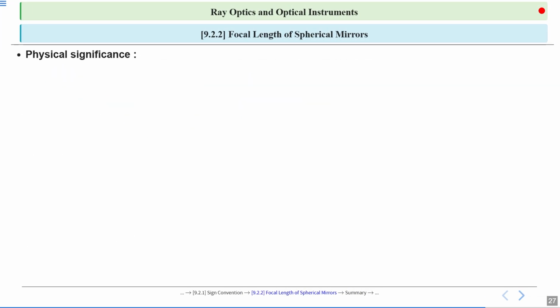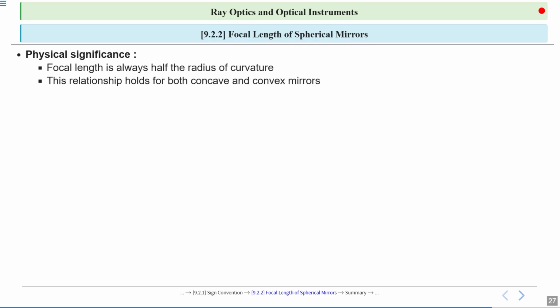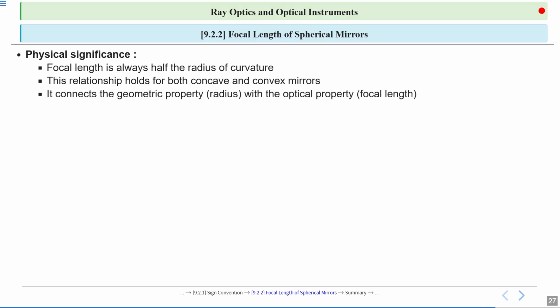So what is the physical significance of this relation? Focal length is always half of the radius of curvature. This relationship holds for both concave and convex mirrors. It connects the geometric property with the optical property. What is the geometric property? Radius. It is the radius of the sphere from which the mirror is cut.